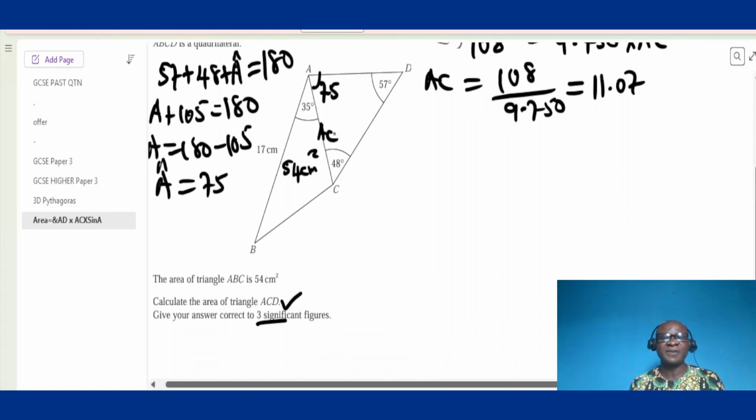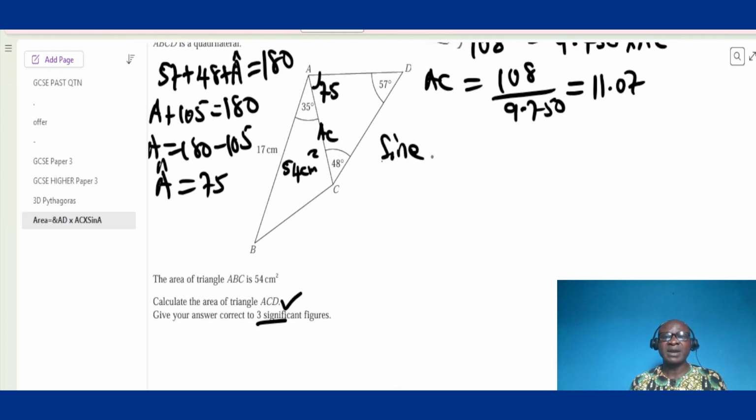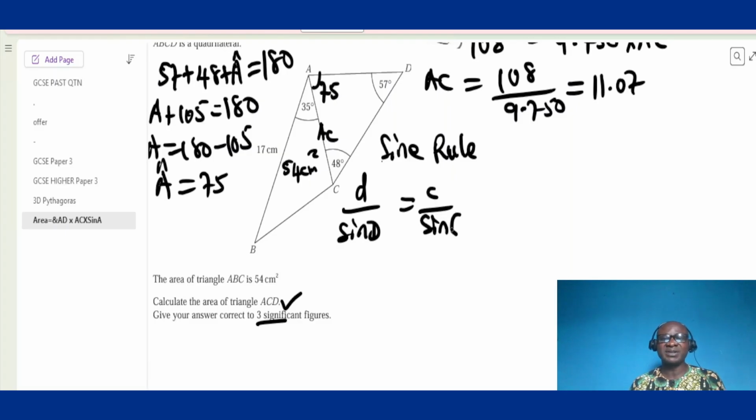And what does it say? Since I know the angle at D and the side opposite it, using the sine rule, I can say small d over sine D is equal to, since I am looking for AD, small c over sine C. This is what I call the sine rule.